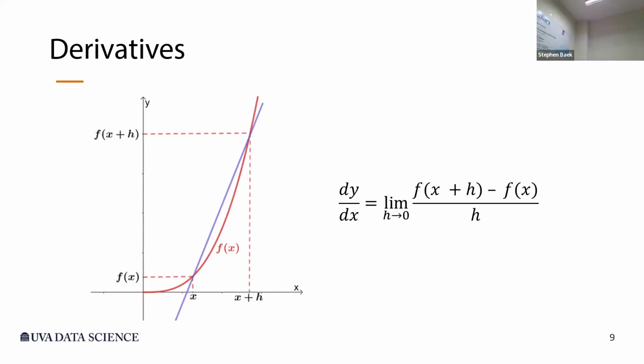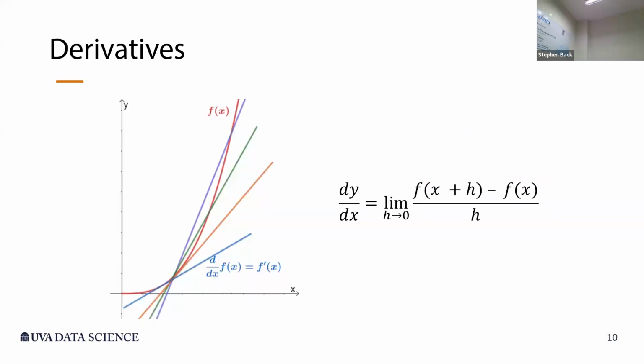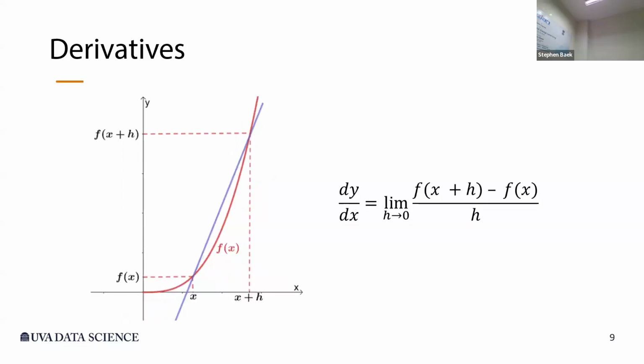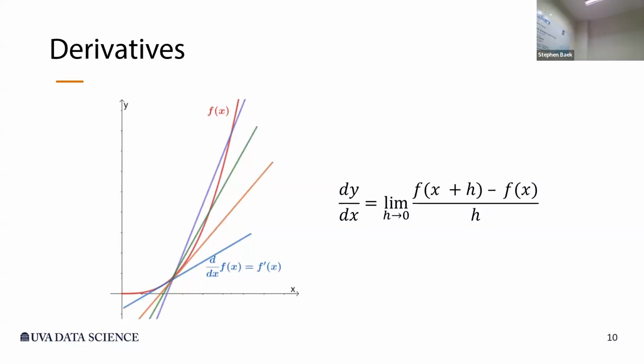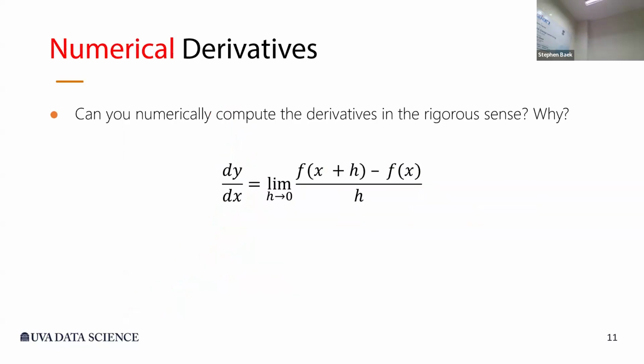As the range h goes to 0, the line will start to approach the one that is tangential to the curve at f(x), and that's how we define derivatives.